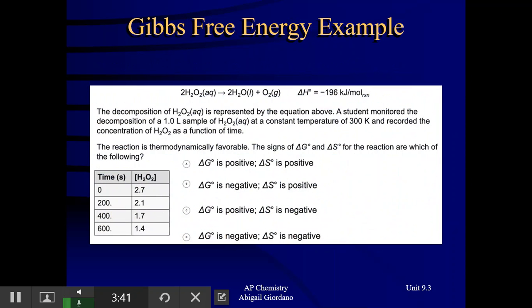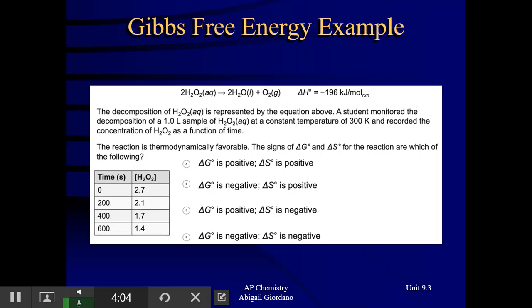So now that we know what delta G is good for, telling us whether something is favored or not, let's just look at an example multiple choice question together. We're given a reaction, we're given the delta H value, and the question says the decomposition of hydrogen peroxide is represented by the equation above.